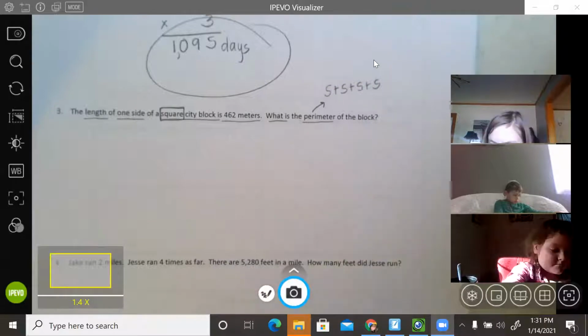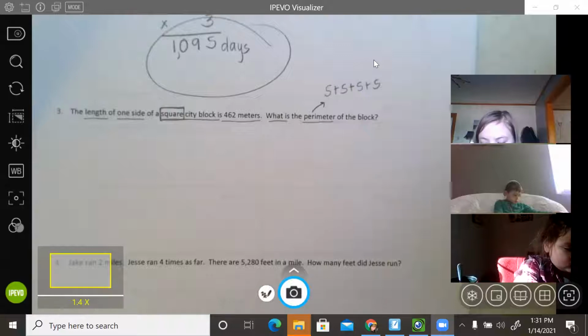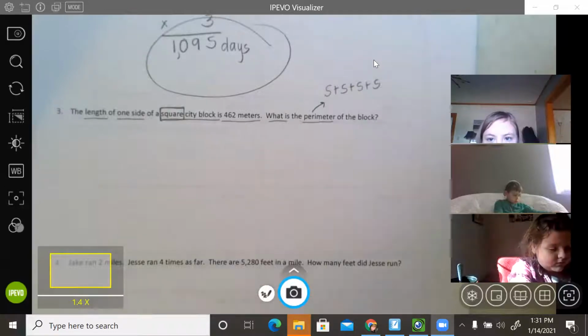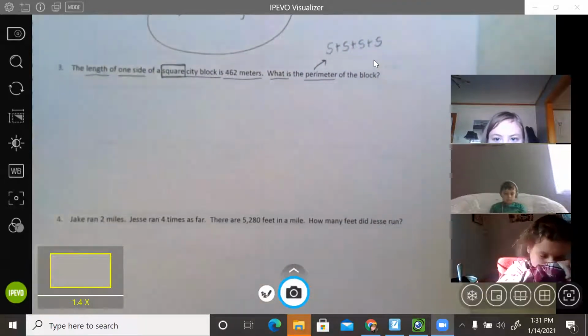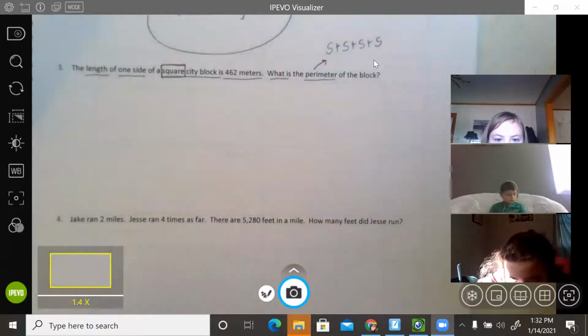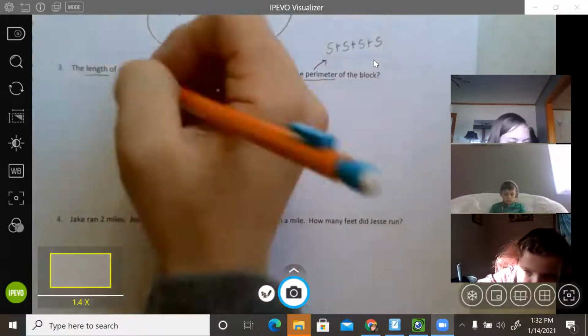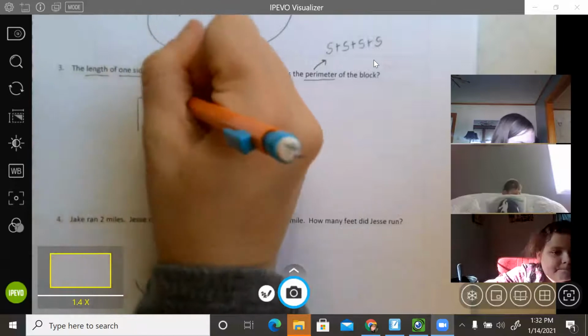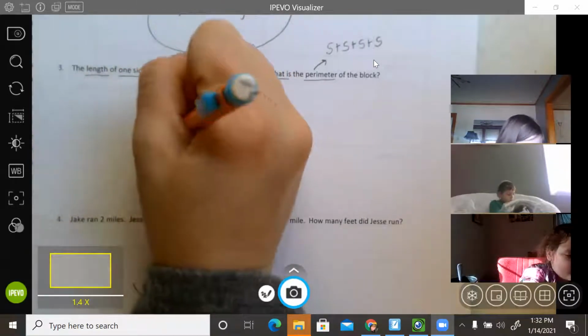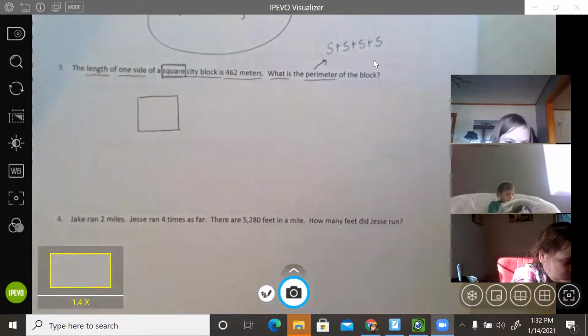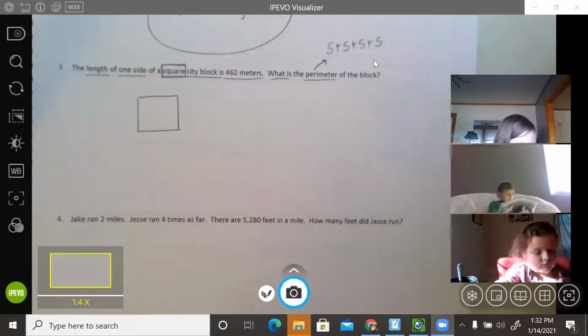Okay, Nina, go ahead and unmute yourself. So Nina, now, what do you think I might tell you to do so that you can really visualize this problem? You draw the square. Let's draw it. So we know this is a square city block. What's a property that you know about a square? It has 4 sides.